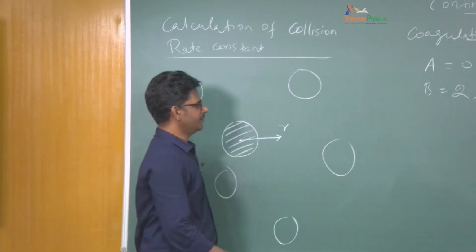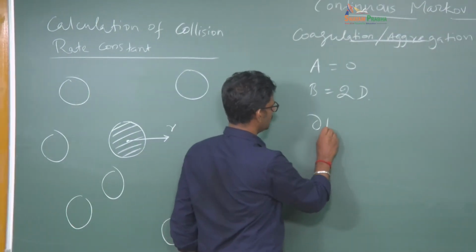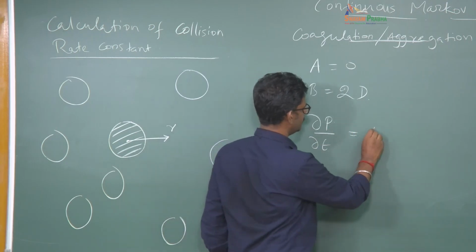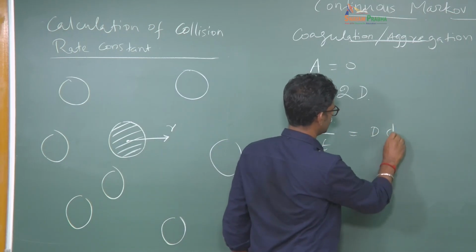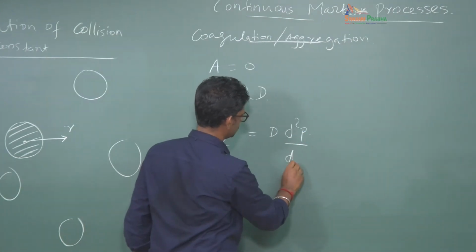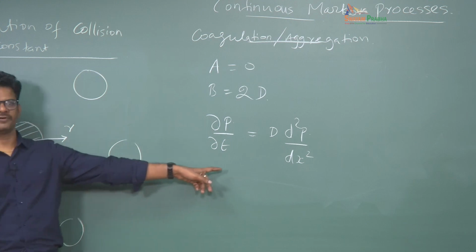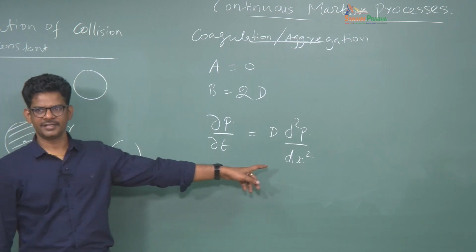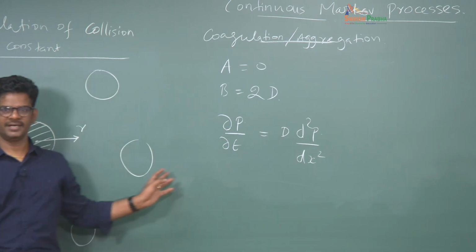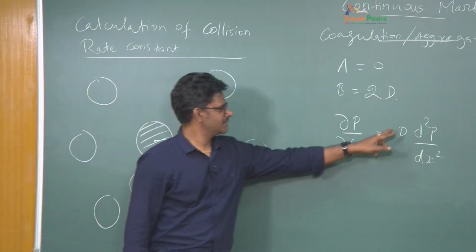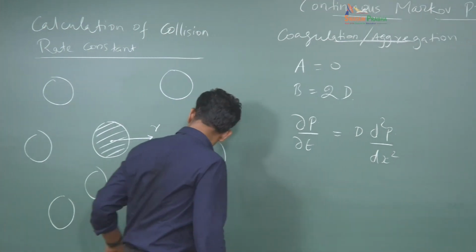So we would write ∂P/∂t, A is 0, so you will have something like this. But this is written for a rectangular coordinate system, and I already said I want to do it in a spherical coordinate system. So I am going to write this differently.